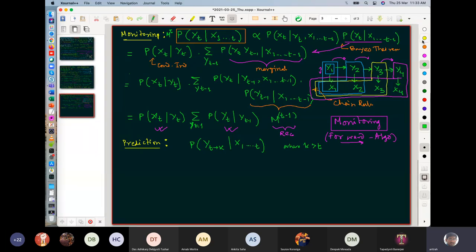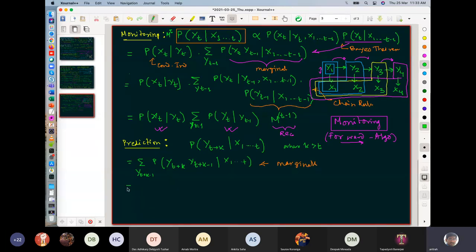Again, let me formulate the recursive solution and then we can derive the algorithm. See, it's t plus k, so immediately I try to bring in the marginal factor of it: the sum over y_{t+k-1} of P(y_{t+k}, y_{t+k-1} | x_1 to t). This is nothing but the theory of marginals.